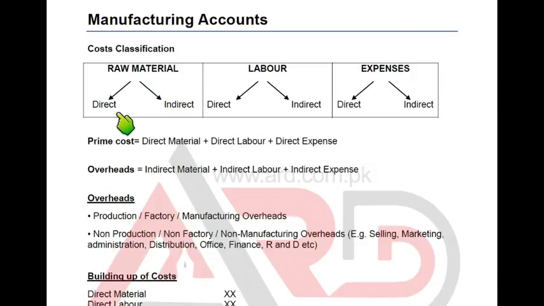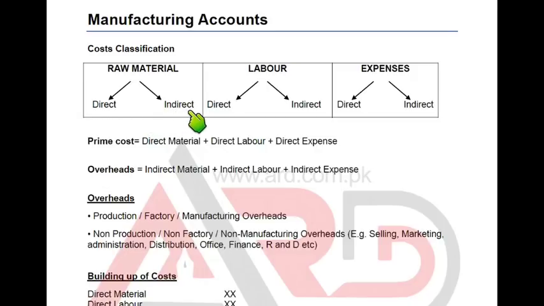A cost can be identified if it is a major cost. If the cost can easily be traced, meaning this much amount of cost is being incurred in making a particular product, the cost is known as direct cost.